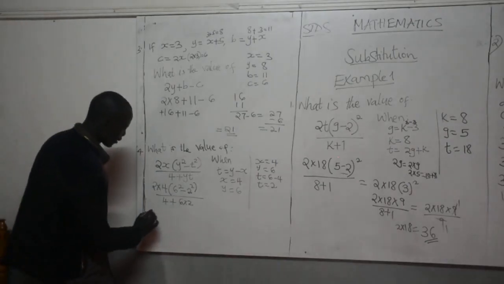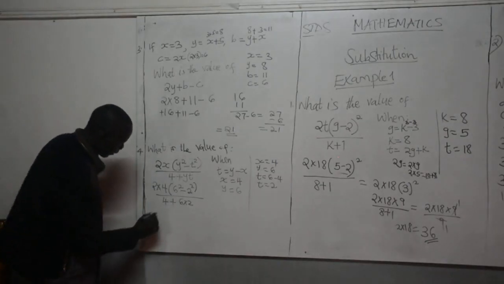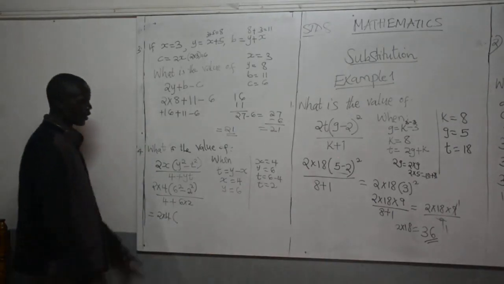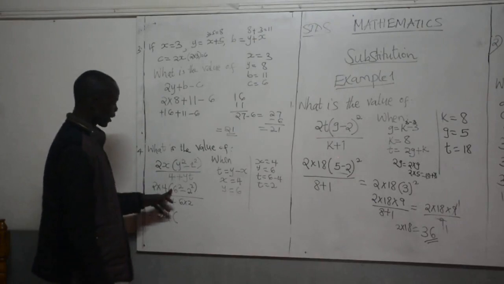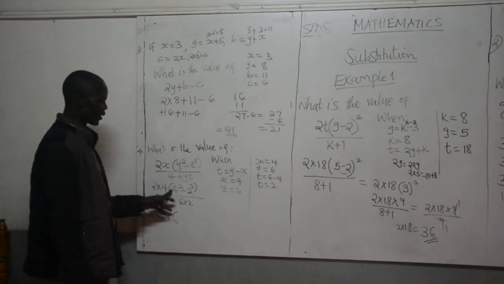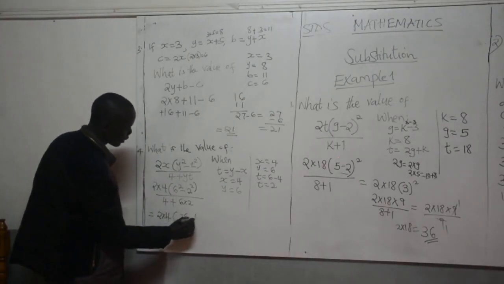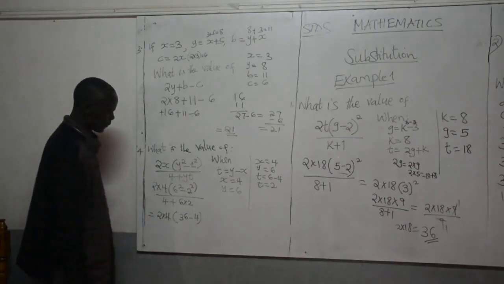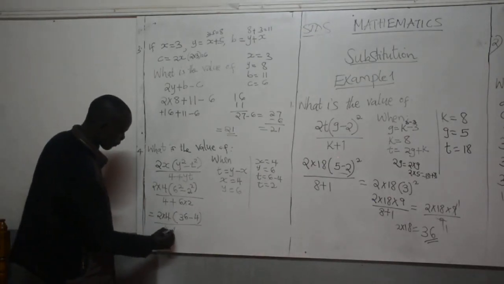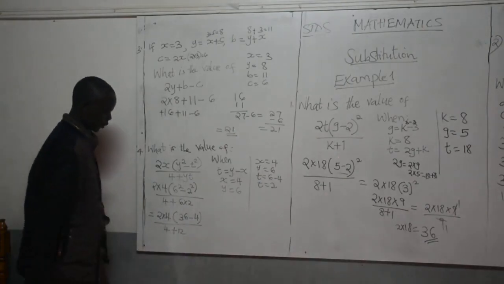Now we say this one is equal to 2 times 4, you open the bracket. This is 6 squared. To square a number, you multiply that number by itself. So 6 squared is 6 times 6 to give us 36. Minus 2 squared is 4. Close the bracket. Over 4. Plus 2 times 6 gives us 12.